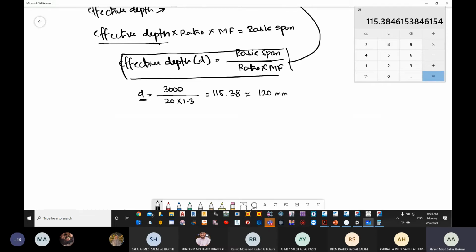Now after we have got our overall depth, if we take a section here, you will see that we have two types of reinforcement in the case of a one-way slab.